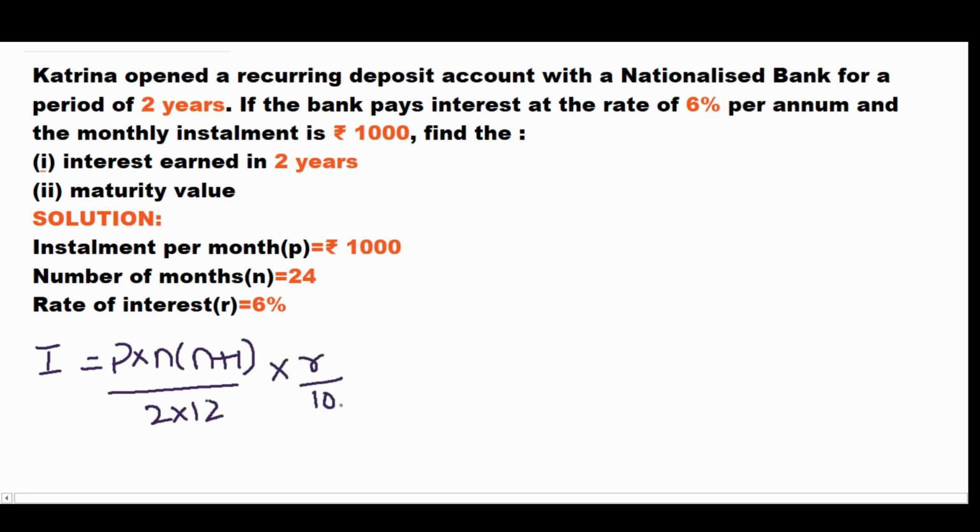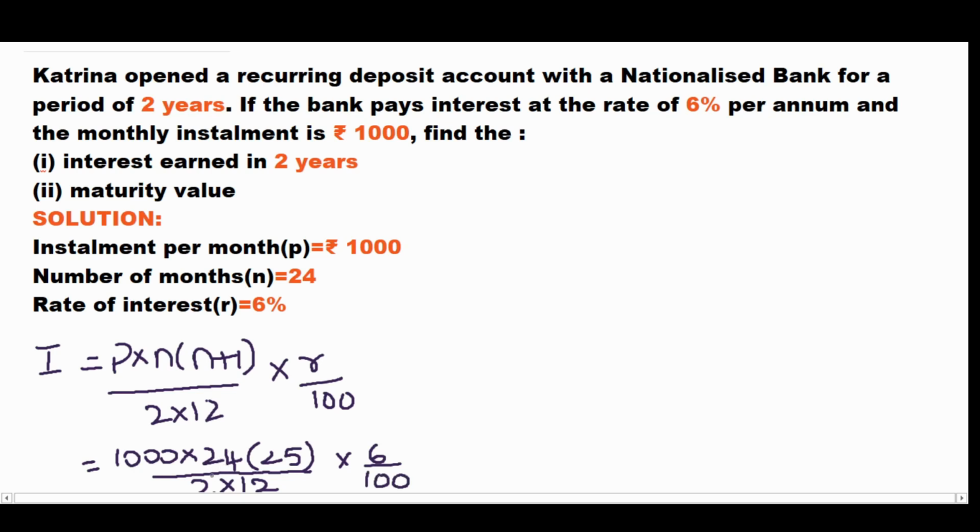Let us substitute the values. So I get 1000 into 24, 24 plus 1 is 25, divided by 2 into 12 into 6 by 100.